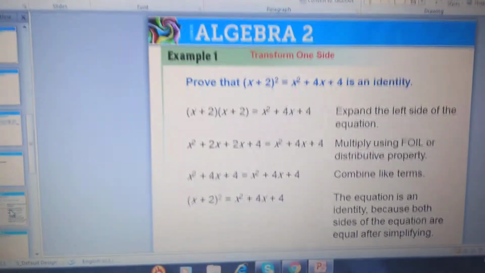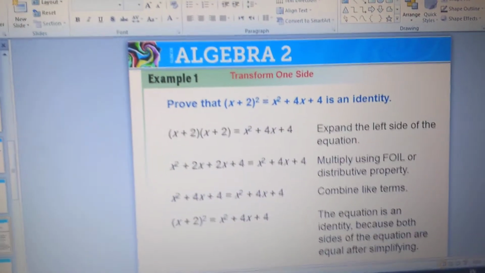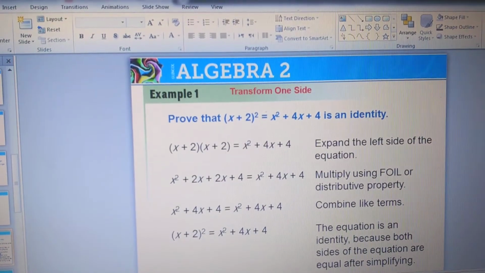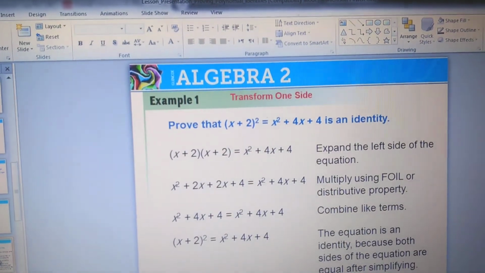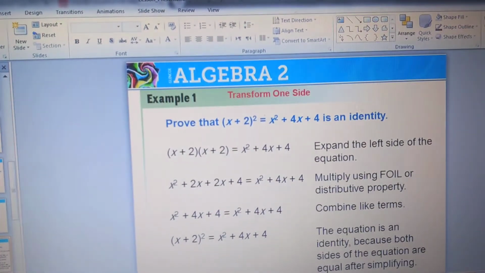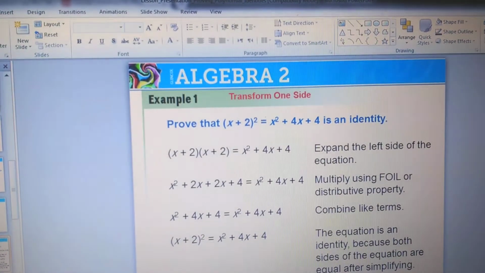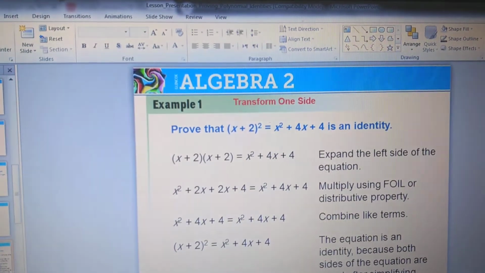Look at this example. Prove that (x plus 2) squared equals x squared plus 4x plus 4 is an identity. Identity means the first part equals the second part. Of course, (x plus 2) to the power 2, we can write it like (x plus 2) times (x plus 2). I do ordinary multiplication.